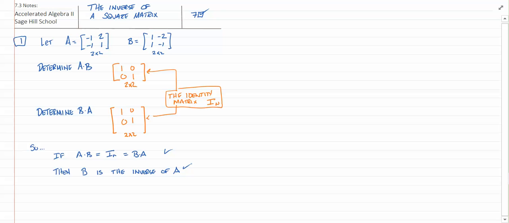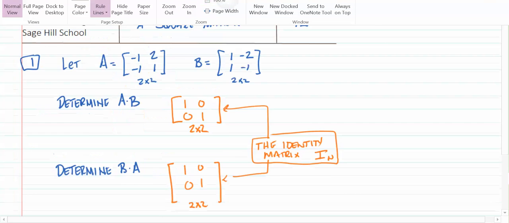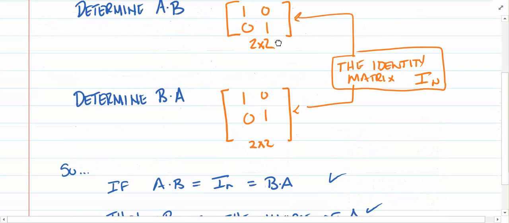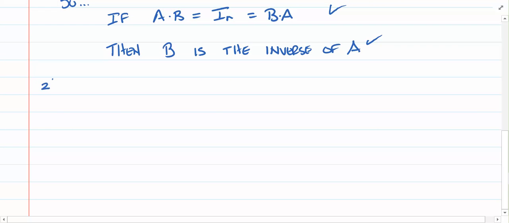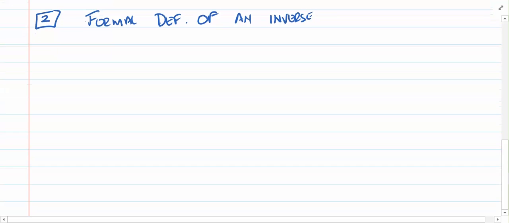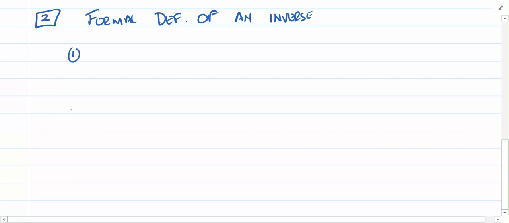So I'm going to sum it up for us in the next one. I'll give you the formal definition of what an inverse is. So this will be the second idea. Okay? It is the formal definition. The way that I break this up is into 3 parts. I go part 1, part 2, and part 3 for the formal definition for the inverse of a square matrix. So here's the setup part.